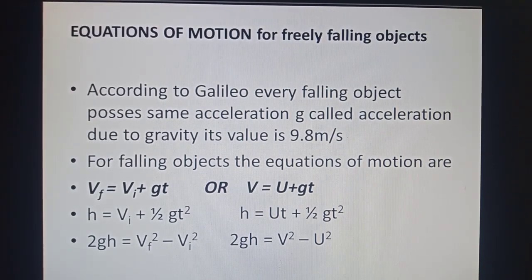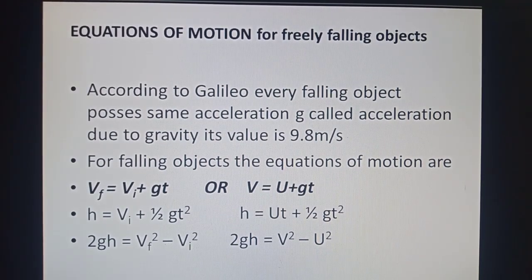h is the height through which the object falls, or the height to which it rises when it is thrown vertically upward. In that situation, we use the second equation for a freely falling object, h equals Vi t plus half g t square, or h equals U t plus half g t square.